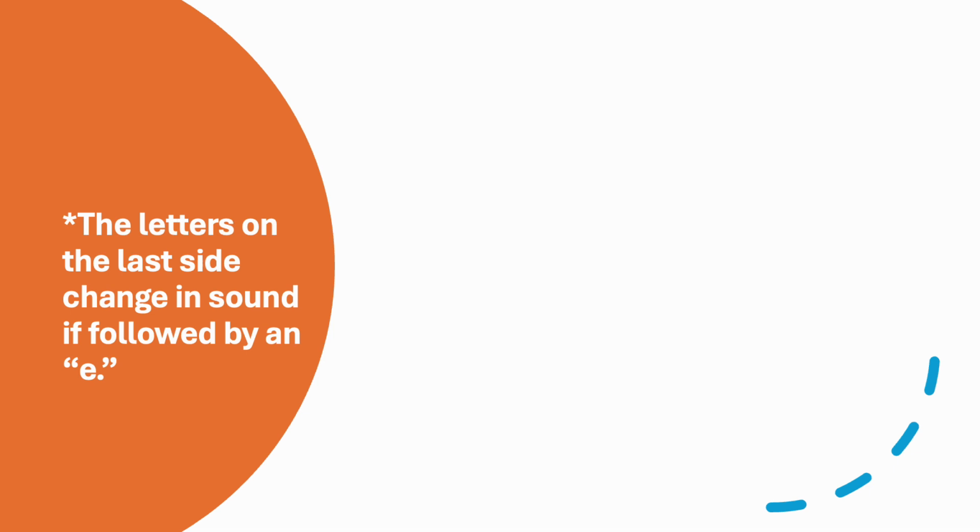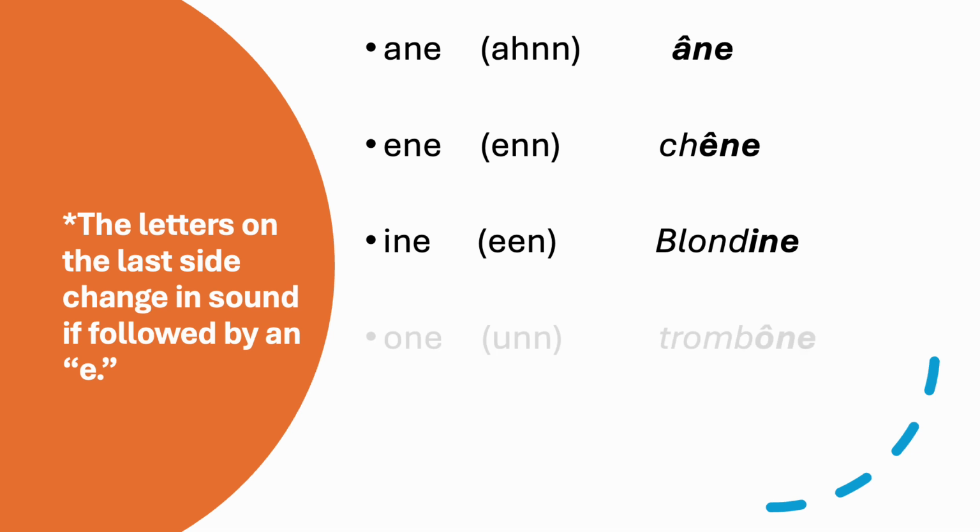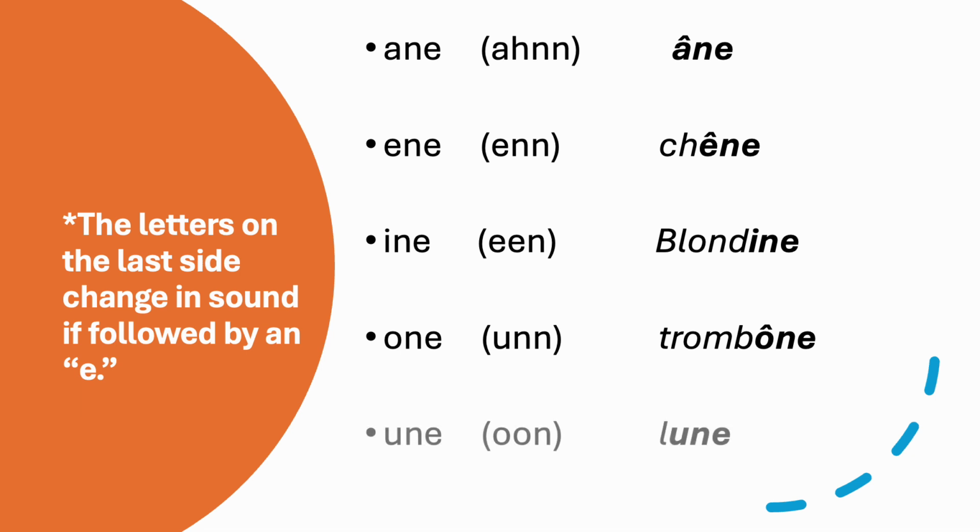The letters you saw on the last slide change in sound if followed by an E. Ane, âne, donkey. Ène, chêne, oak. Ine, blondine, a person's name. Une, trombone, a musical instrument. Une, lune, the moon.